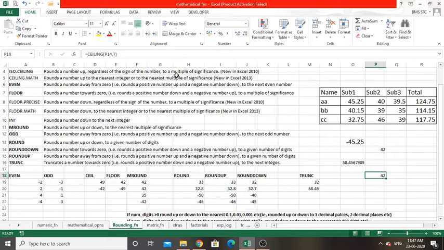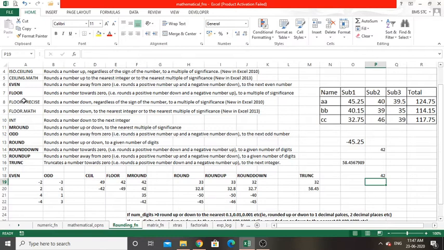So the ceil function will not round that number, since the passed number is already a multiple of the significance value.